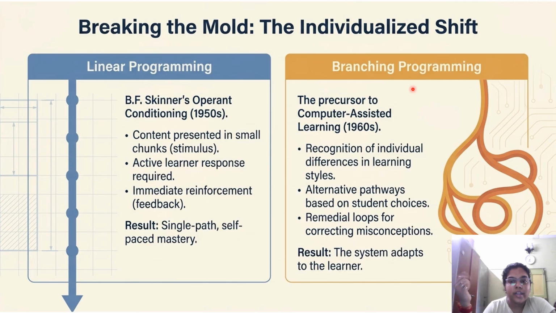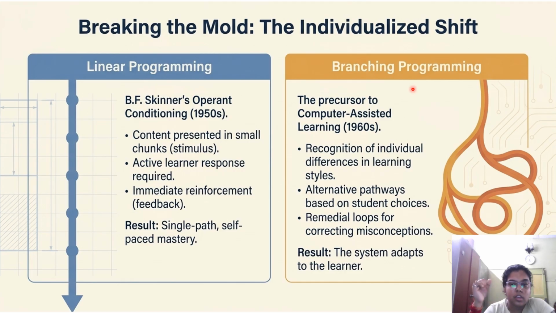And for correcting misconceptions, remedial loops were also there. If any mistake or misconception occurred during learning, there was an arrangement of remedial loops. And what was the result? The result was that the branching program system adapts to the learner.